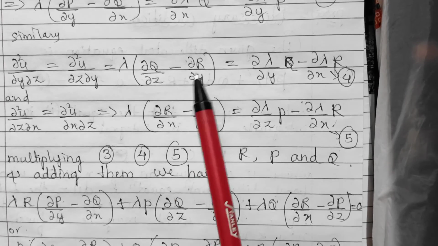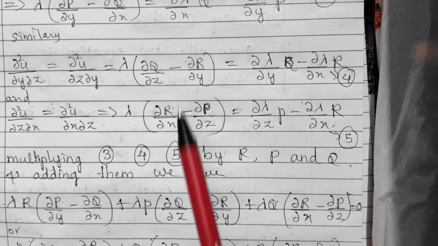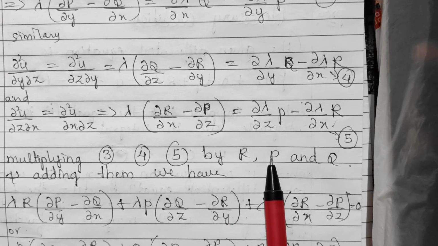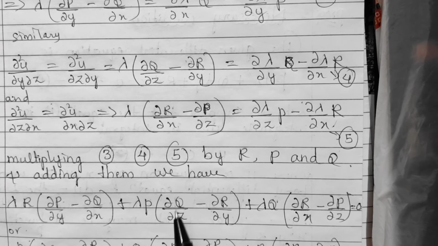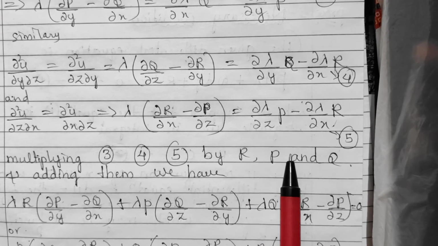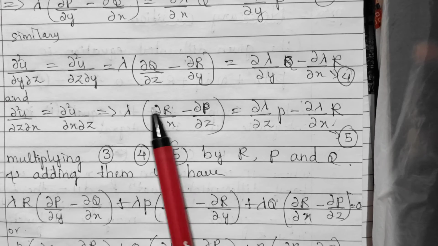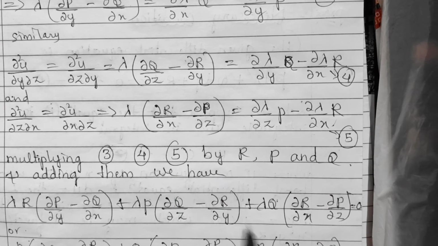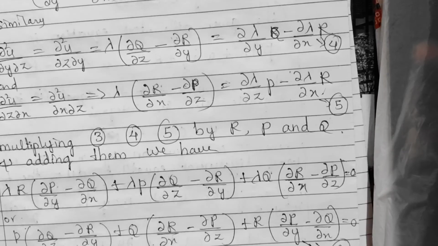Again take this value, that is λ into p, multiplied to the second term. Therefore it is (∂q/∂z minus ∂r/∂y). Again for equation number 5, plus the q value, that is λ into q(∂r/∂x minus ∂p/∂z) equals 0, isn't it?